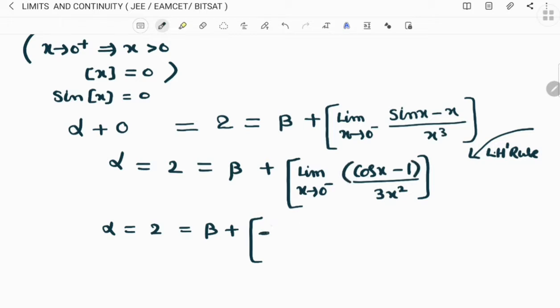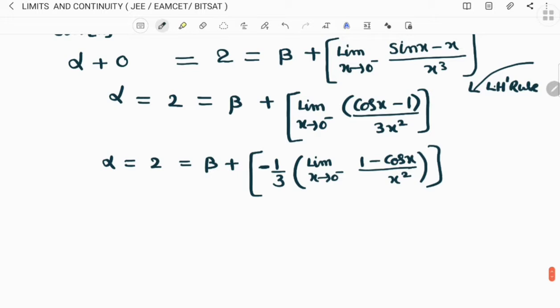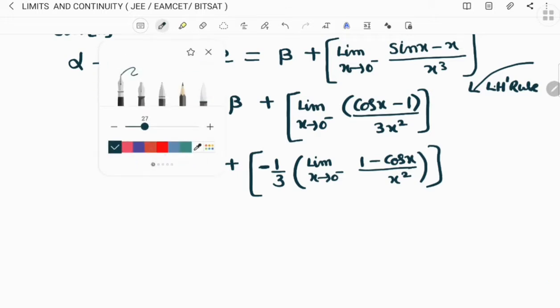Why, I will explain here. Minus, 3 also is a constant, you can take outside, minus 1 by 3 limit x tends to 0 minus 1 minus cos x divided by x square. We have a formula as a standard result.